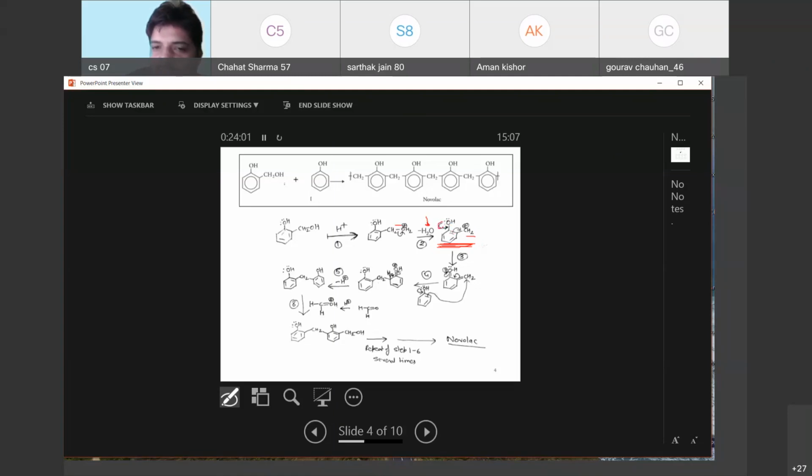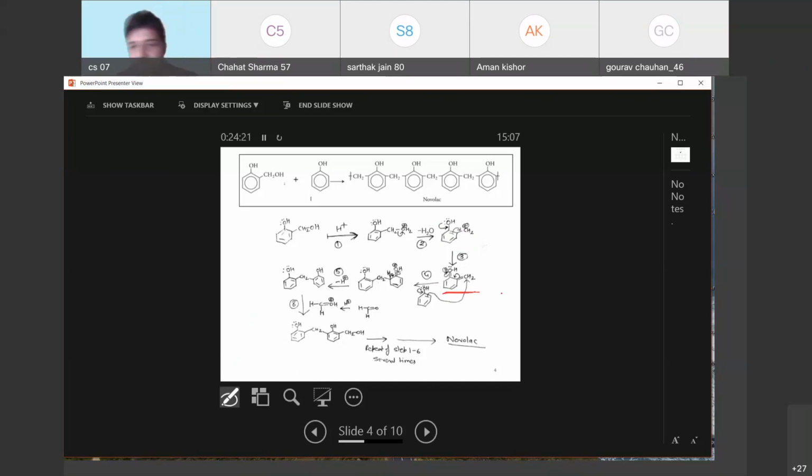It goes this way, and this double bond shifts to this bond. Okay, so when this happens, you have formation of this kind of structure.